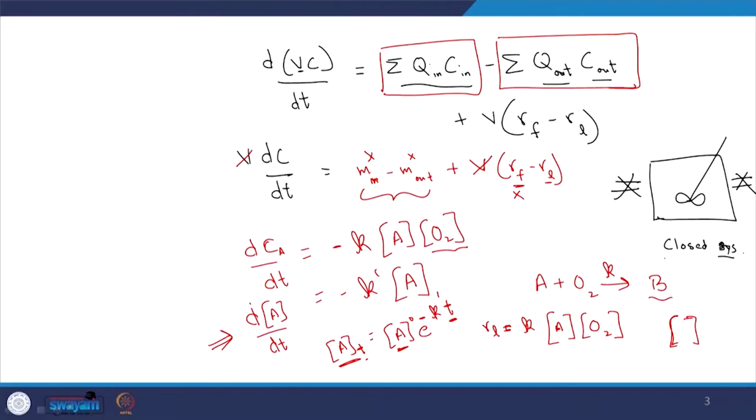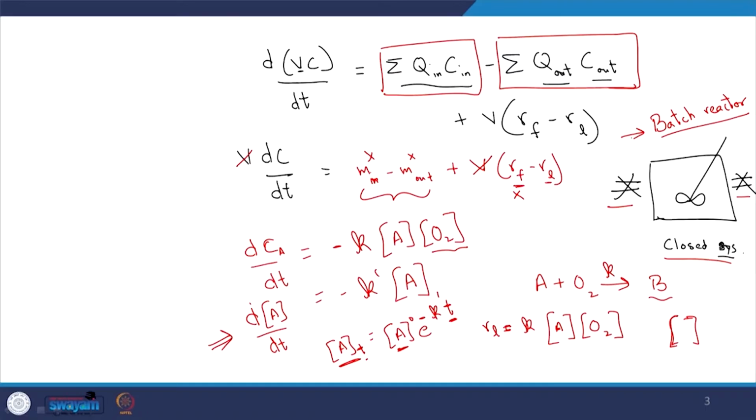And this kind of closed system, which I just described as no mass coming in, no mass going out, but which is continuously stirred, is called a batch reactor. Batch reactor, right. Why do I mention this? Because let us say you do not have the time to go through such steps.